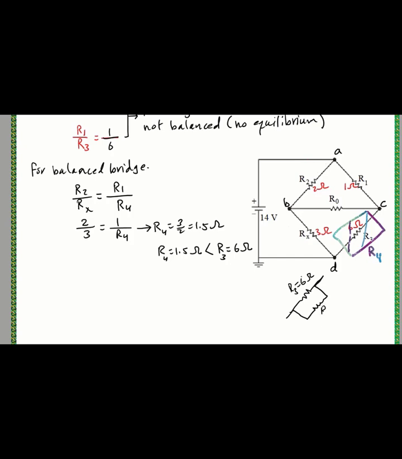So I have here R5. Now R5 with R3 in parallel. To get R4, then R4 equals 1 over R3 plus 1 over R5, inverse.